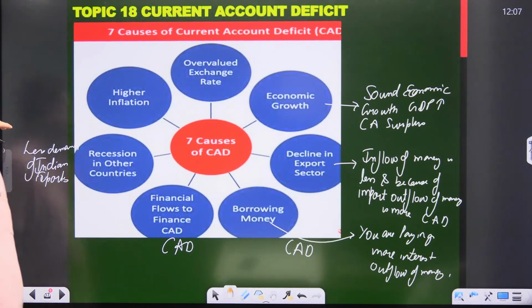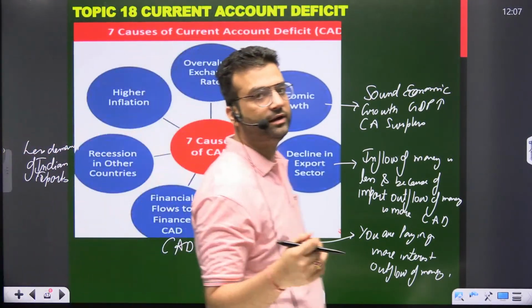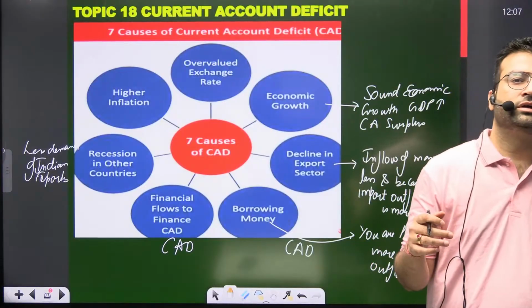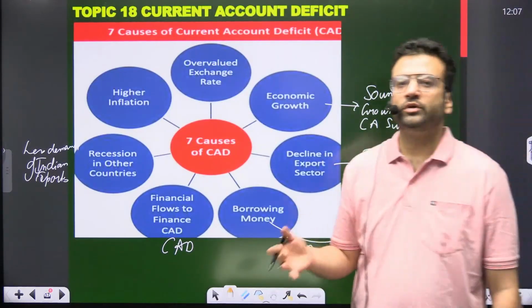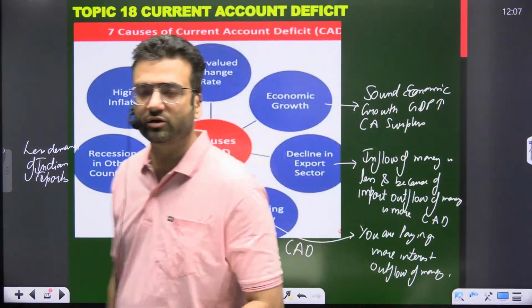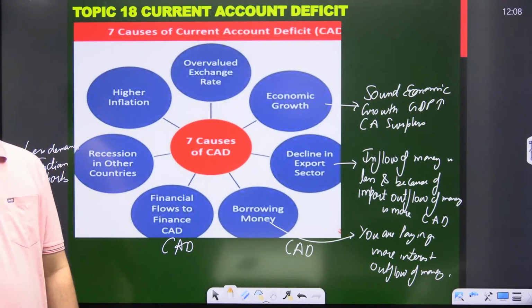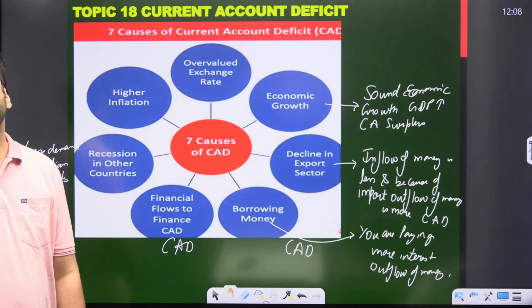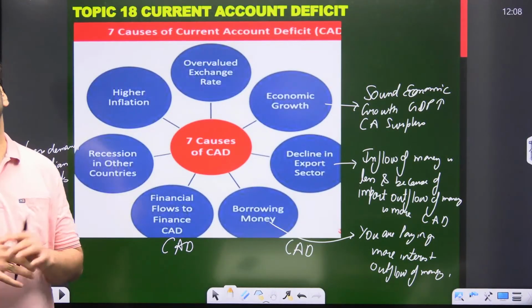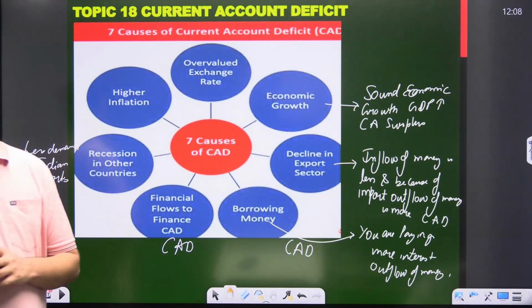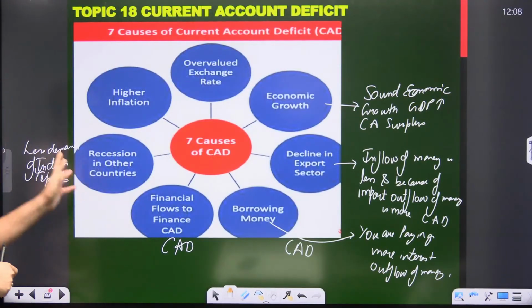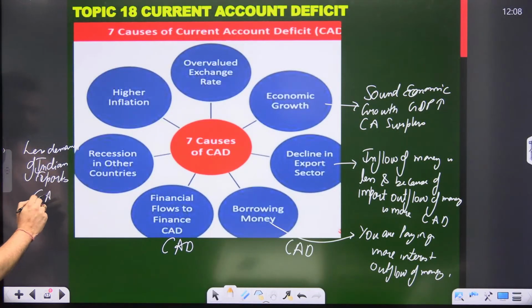Suppose India is exporting its goods to Japan, Bangladesh, Nepal, and if there is recession there, touch wood, India will not be able to export to them because there is already recession in their economies. So that also leads to current account deficit.